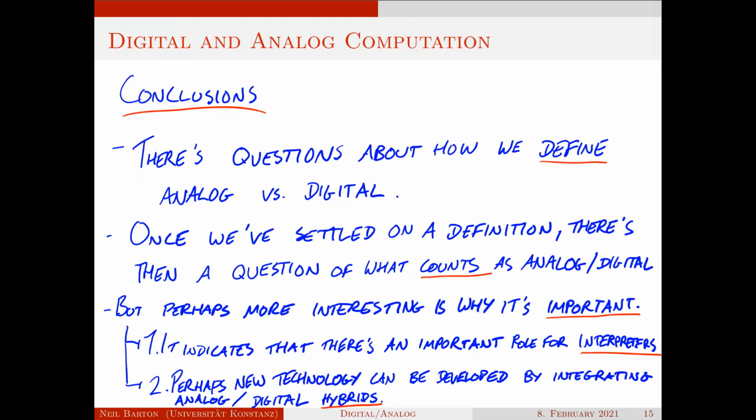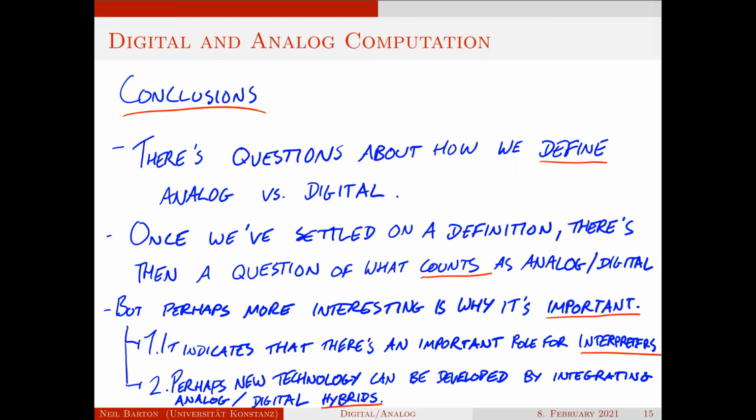And the second question is, perhaps we can leverage this distinction by thinking about how analog and digital interact with one another. You might think this is part of what's going on in quantum computation. We're leveraging an analog behavior of the qubits, and algebraic relationships between how those qubits behave and problems, in order to get a digital answer within some probabilistic tolerance.